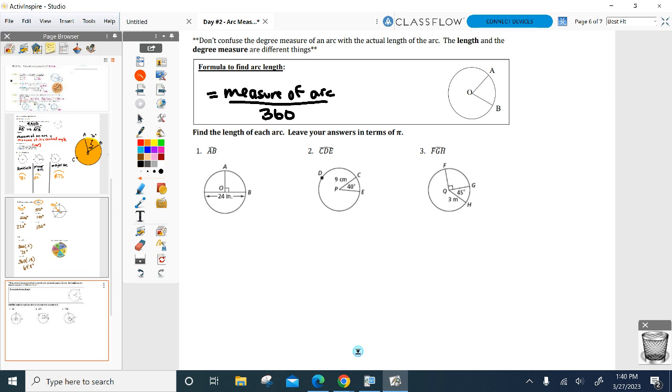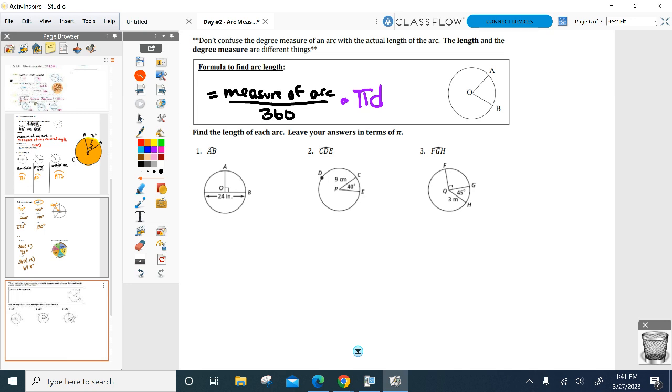So you're telling me what part of this circle is your arc, and then you multiply that by pi d. What was that a formula for? Circumference. So you see what's actually happening here in this formula? What fraction of the circumference do you have? That's your length of the arc. Remember, circumference is my distance around the circle. So what part of the circle do I have? All right, so there's formula number 2.